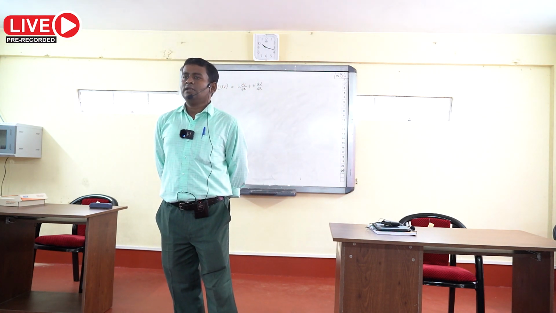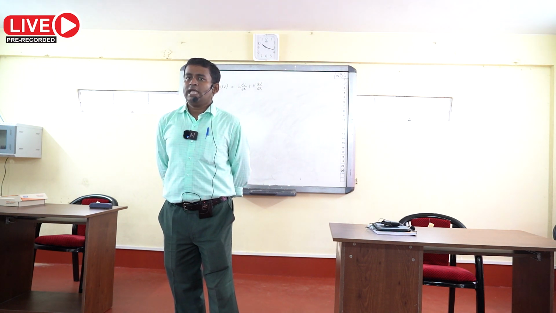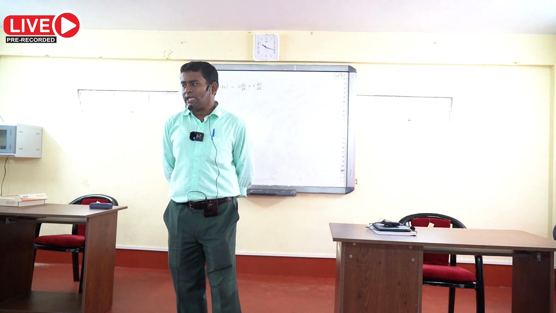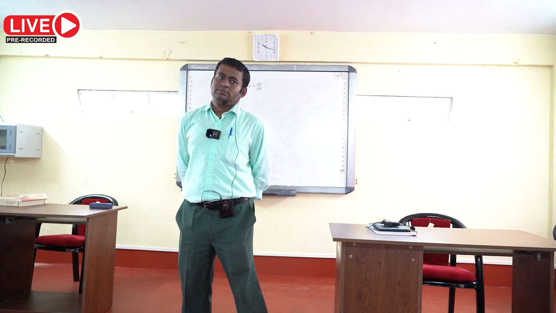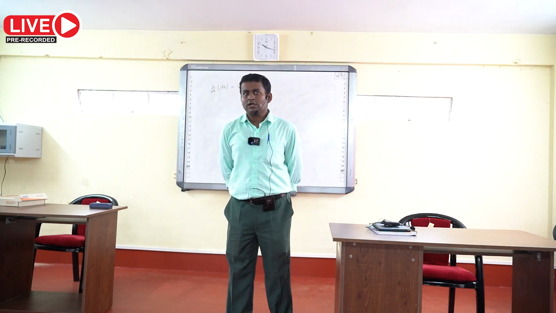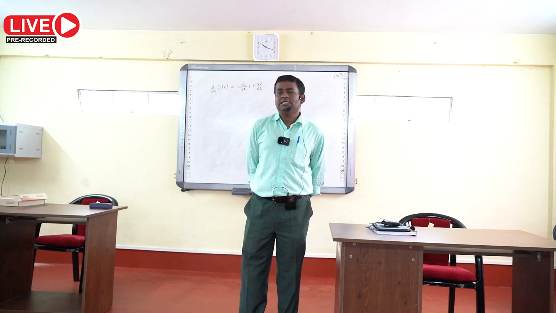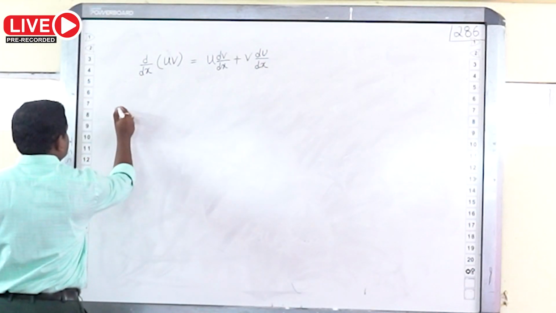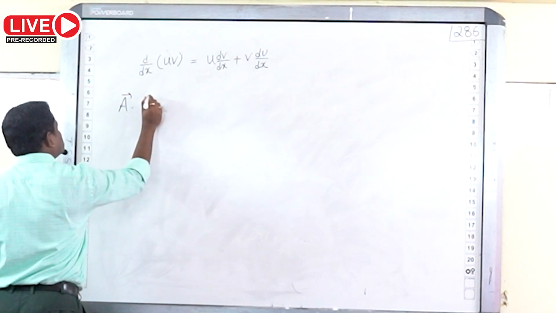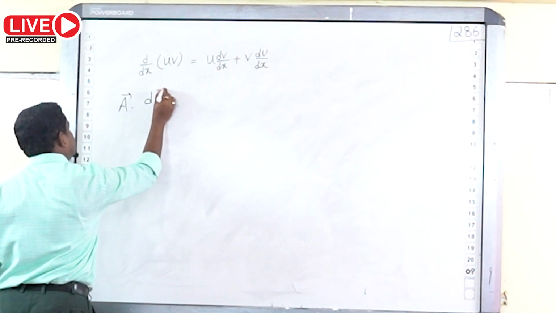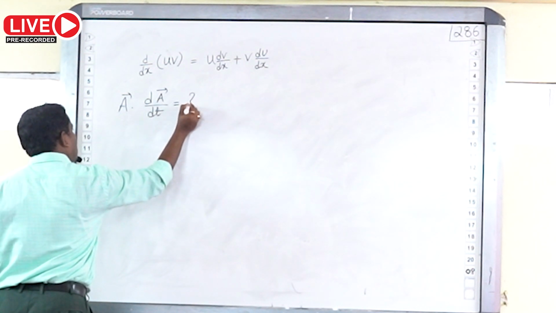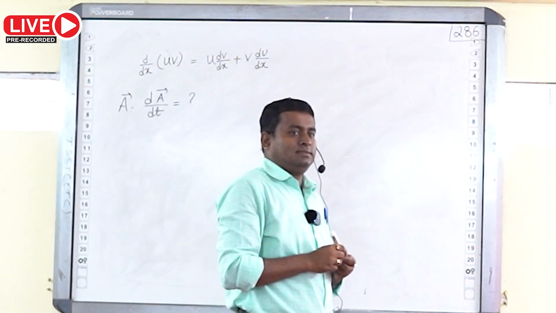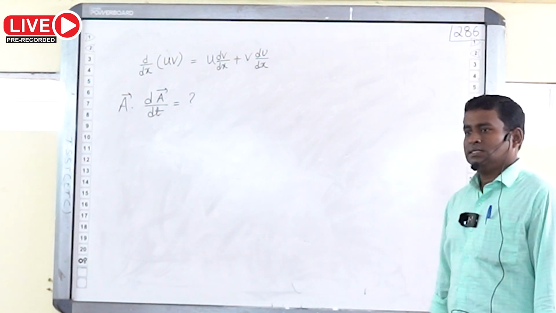Then A dot DADT will be... A dot DADT means derivative of capital A will be how much? 0.